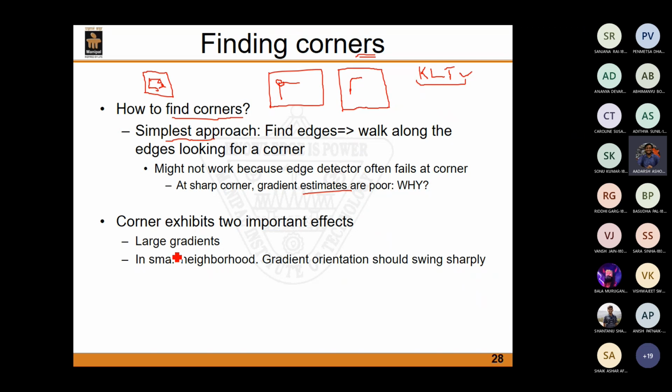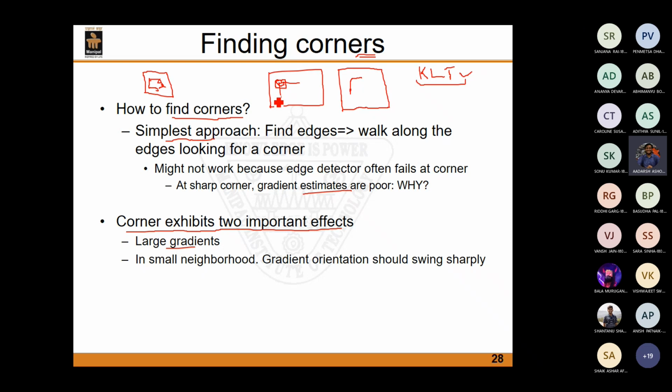So what we can do in such a case is, we can go with a slightly different approach of finding the corners. For that, we make use of two important effects of the corners. One effect is the large gradient. Let us say we are considering a small neighborhood around this corner over here.